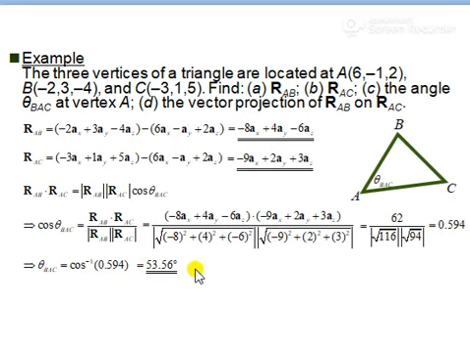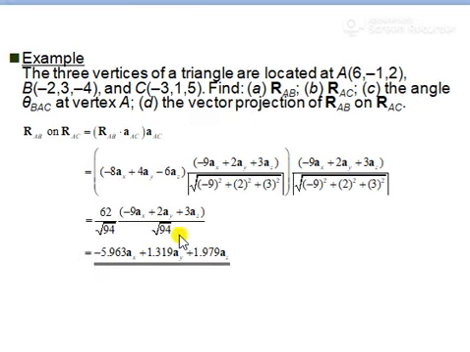So therefore this is one of the examples. And one more point is that we have already calculated RAB, RAC and the angle between RAB and RAC. Now next we want the projection of RAB on RAC. To get the projection of RAB on RAC, we want the unit vector along RAC.